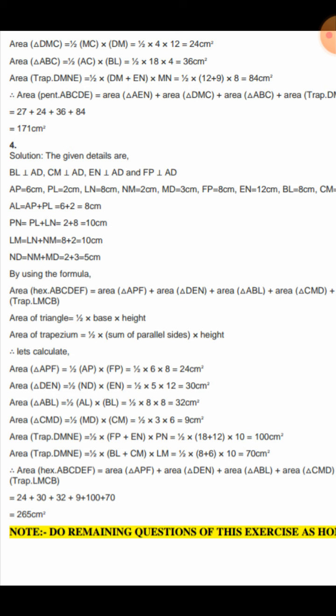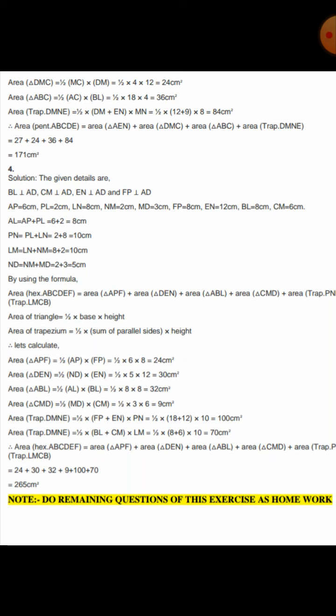Area of triangle ABC equals half into AC into BL, that is half into 18 into 4, that is 36 centimeter square. And area of trapezium DMNE will be half into sum of parallel sides DM plus EN into MN, then half into 12 plus 9 into 8. So it will be 84 centimeter square.